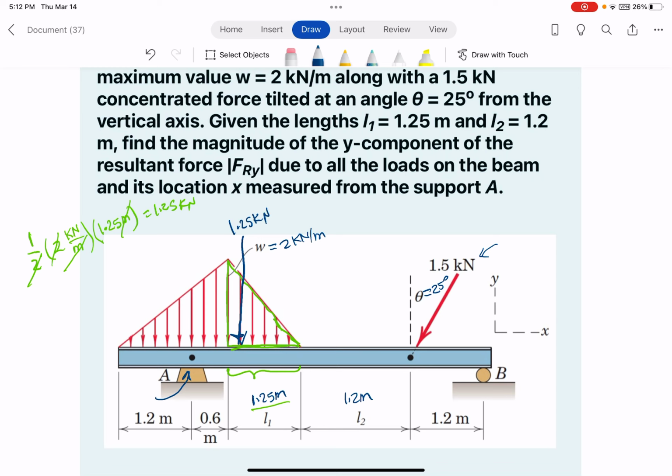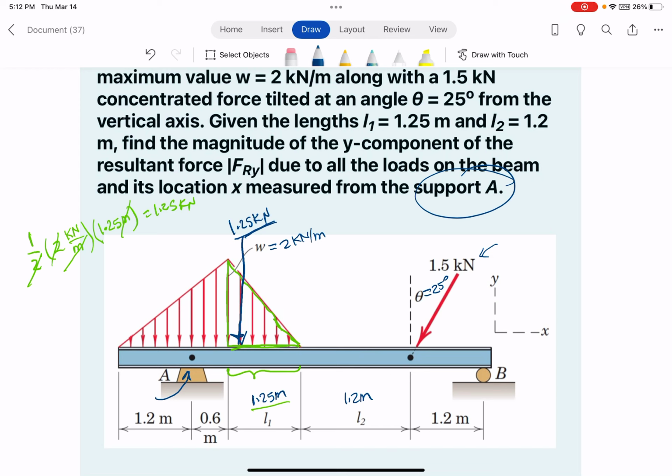Okay, what is the distance now between this load, the 1.25 kilonewton equivalent load, and point A, because we need later on to find out the distance of everything from point A and find the moment. So the load is at 1/3.